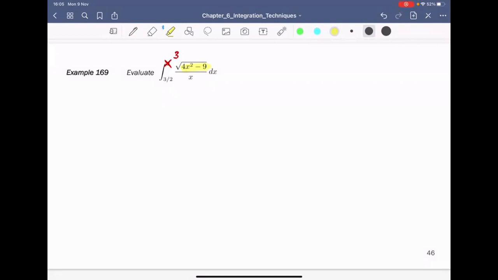You can see that the thing inside the square root is 4x squared minus 9. This is going to be 2x squared minus 3 squared, right?